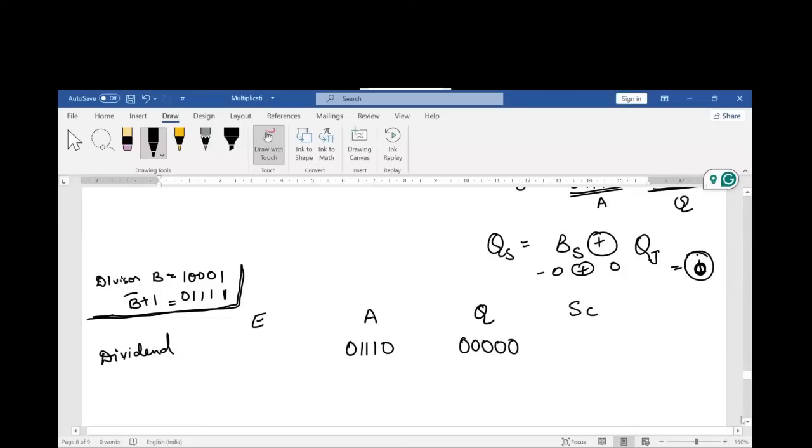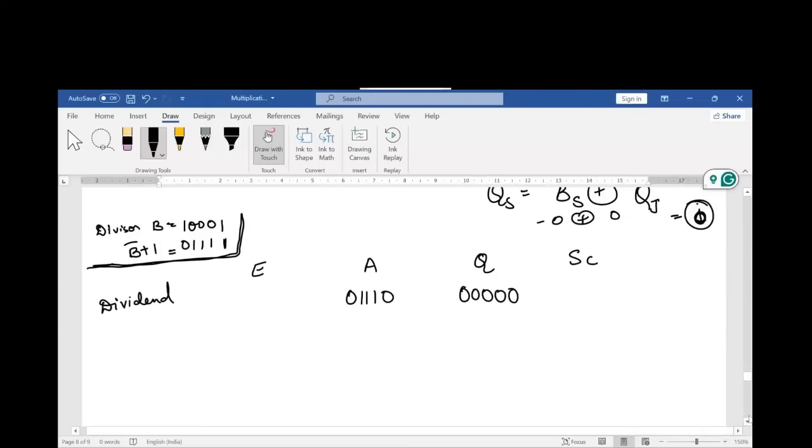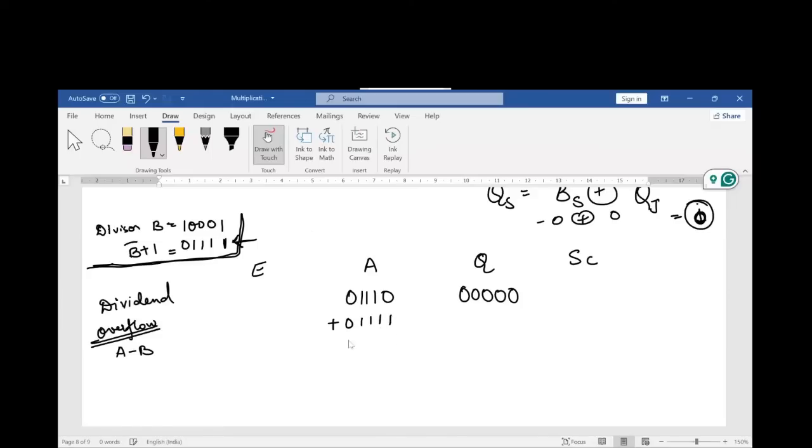After that, let us check for overflow. Overflow was the first step to be checked. Okay, so for overflow, what is the first thing we will do? We will check A minus B. So subtract B from this. Subtracting B means add this part. What is this? 0, 111, no, 4 times 1.